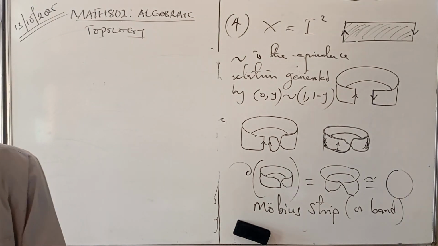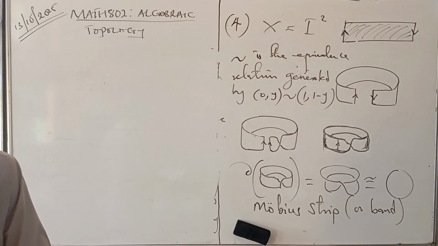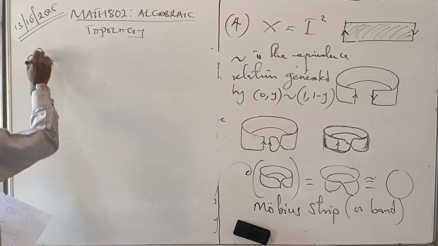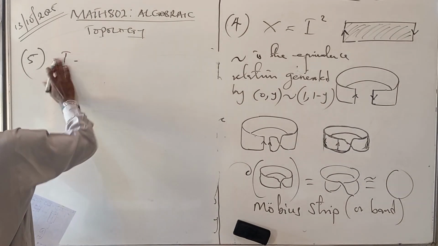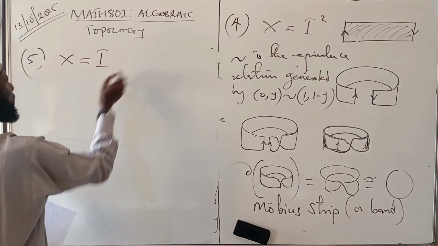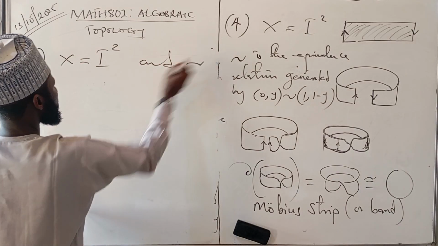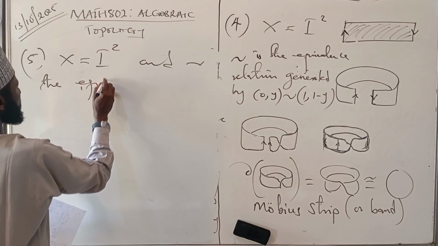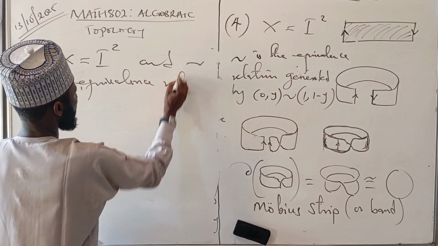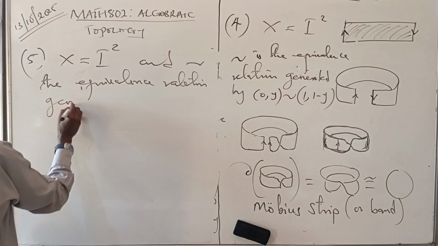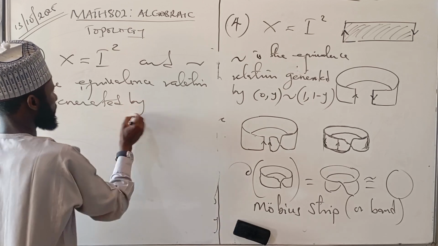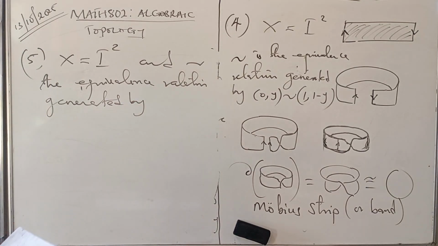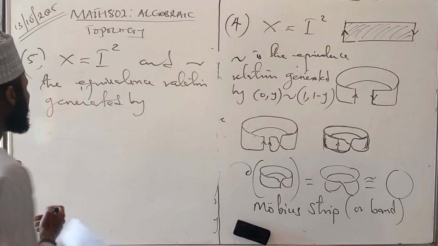I think it's okay. We can still go through the remaining examples. Number 5 is when you still consider x to be I squared and define the equivalence relation generated by identifying both sides.